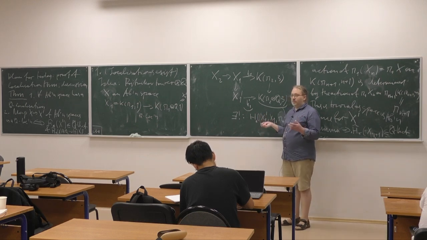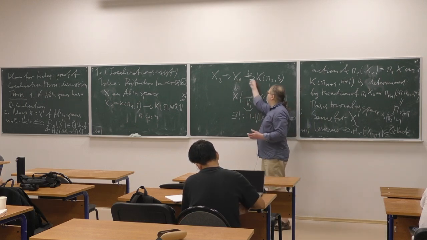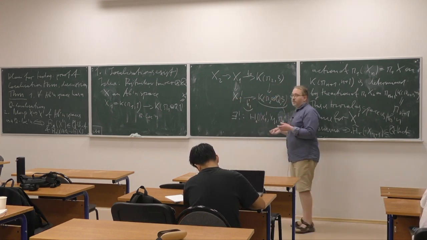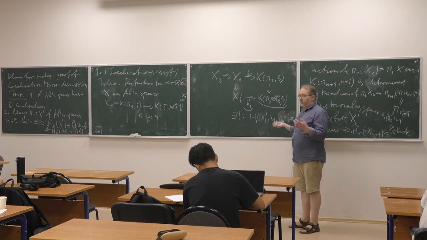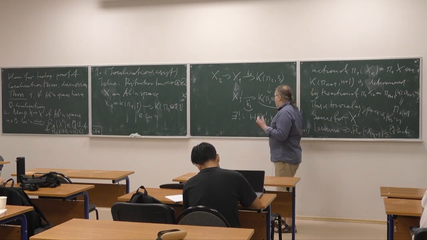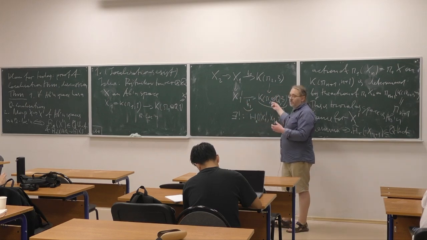In order to construct an extension of this map to this space, I need to calculate the relative homology groups with coefficients in some homotopy groups of the target space.